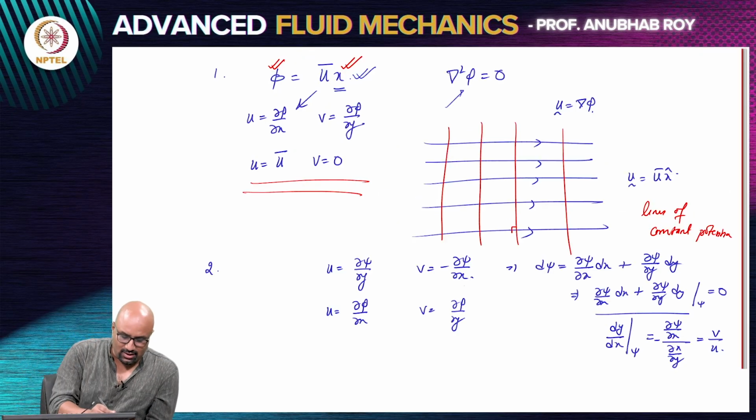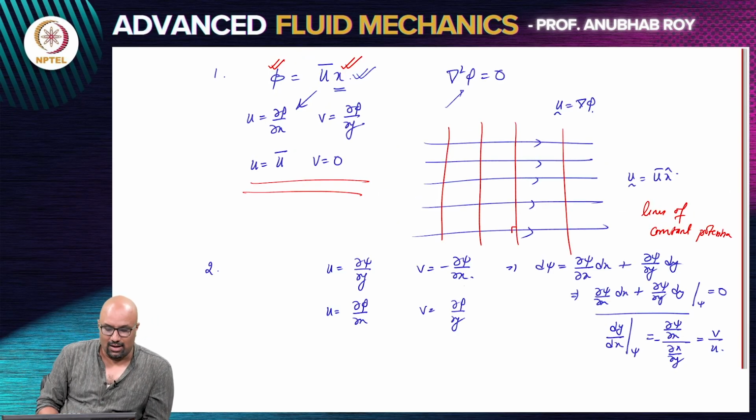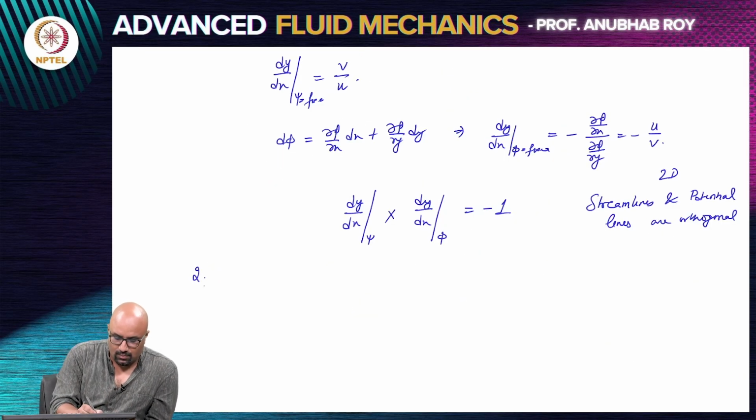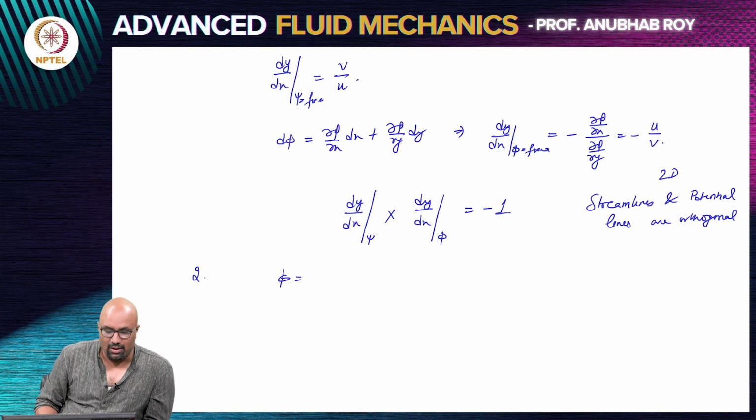So, we saw one of the solutions being a uniform flow. The other potential, so you can work out what are the various solutions of Laplace equation, and I am going to use them and work with those solutions. So, the other solution that we will work with is phi equal to some ln r.